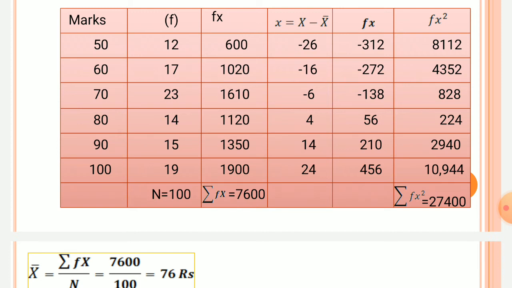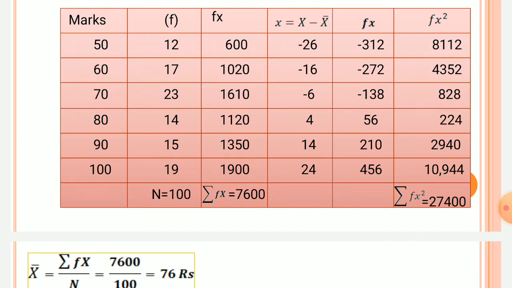So likewise, find f into x: 12 into minus 26 is minus 312, 17 into minus 16 is minus 272, 23 into minus 6 is minus 138, 14 into 4 is 56.